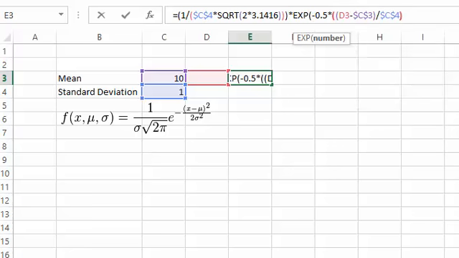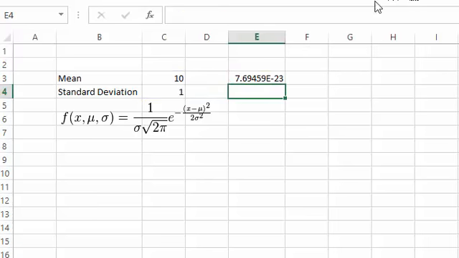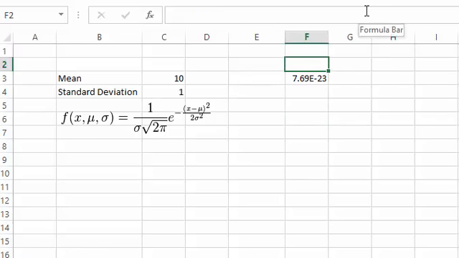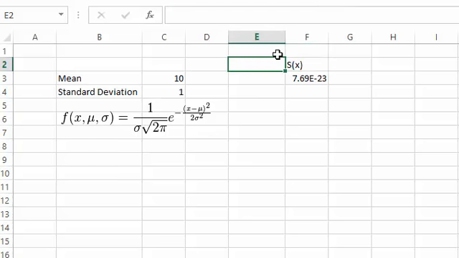So this needs to be squared, and let's press enter. So that's our value. Let me move it right here. That's the value of our function. Let's call that the standard function s of x, and let's call this thing x.